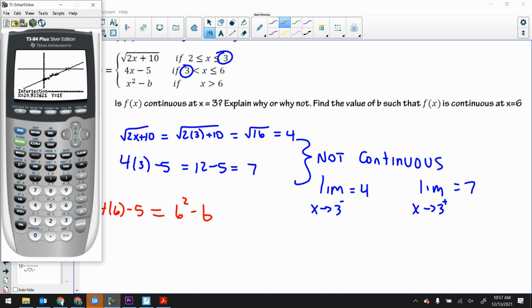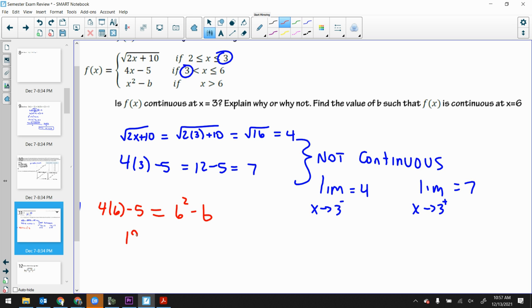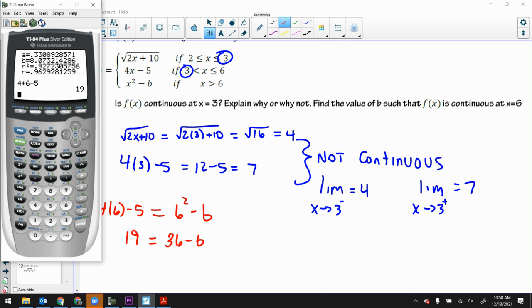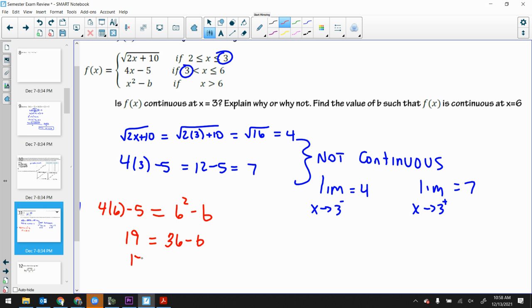So 4 times 6 minus 5 is 19. 36 minus b. We subtract 19 minus 36, and we get negative 17. So 17 is equal to positive b. There it is. That's my b value. 17 would make this continuous at 6.